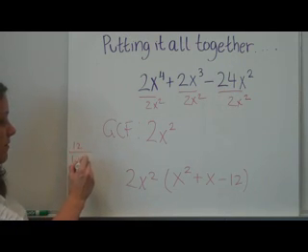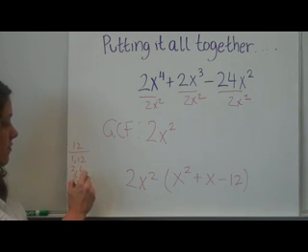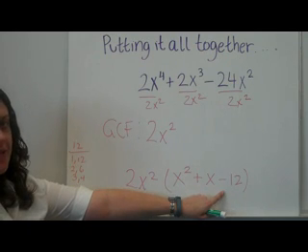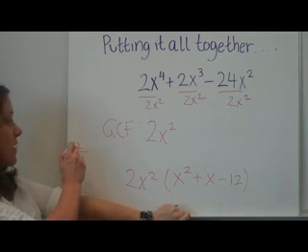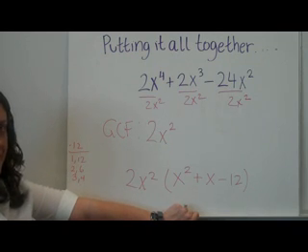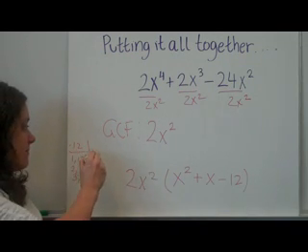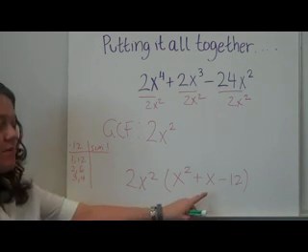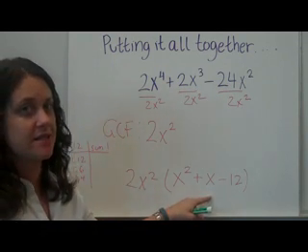So 1 and 12, 2 and 6, 3 and 4. Now, if they're going to multiply together to make a negative 12, I know that one of these has to be positive and one has to be negative. And the sum of them needs to come up to 1 because this is a 1x.